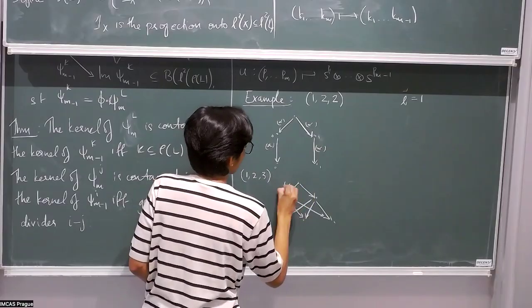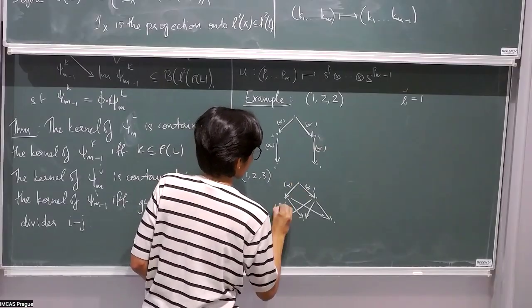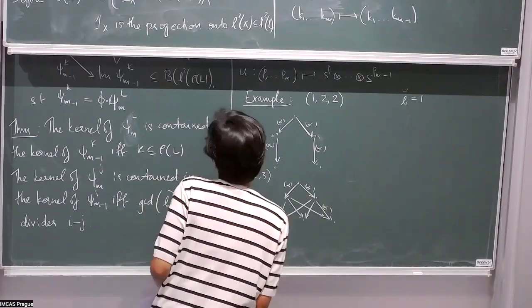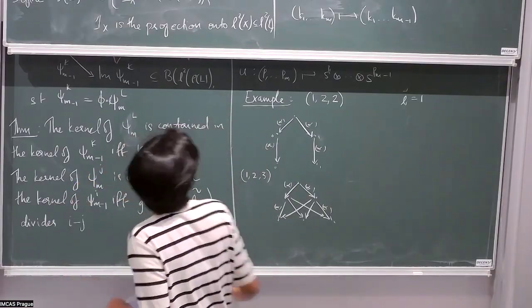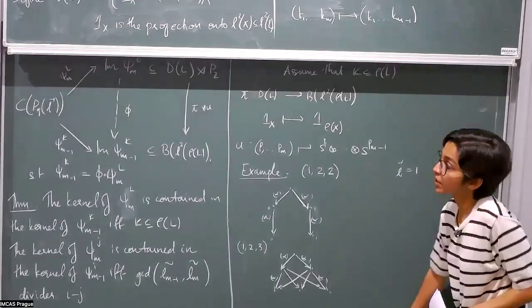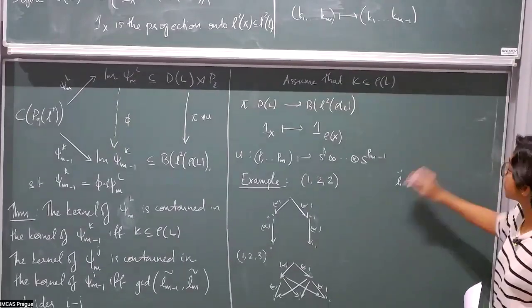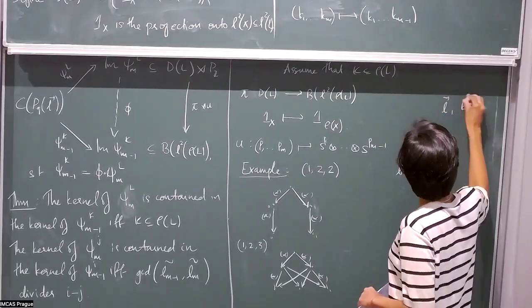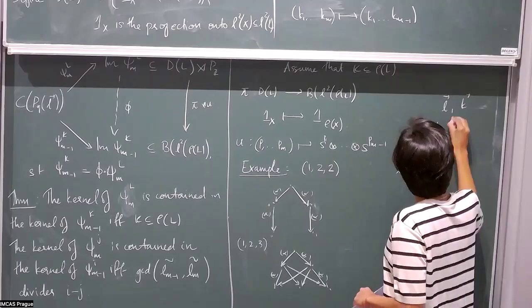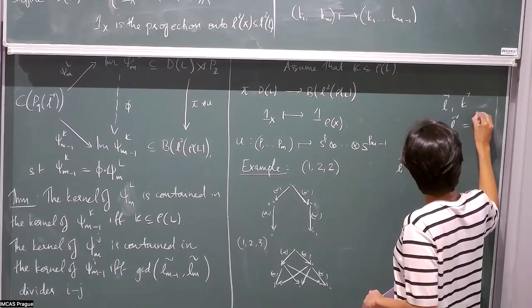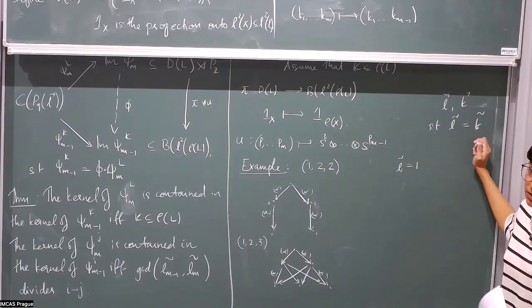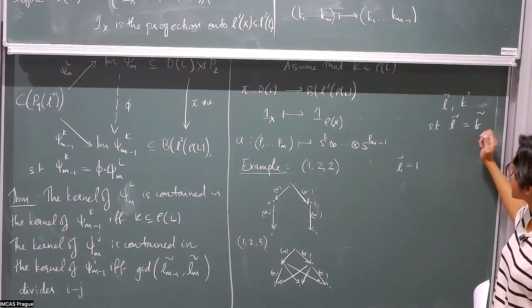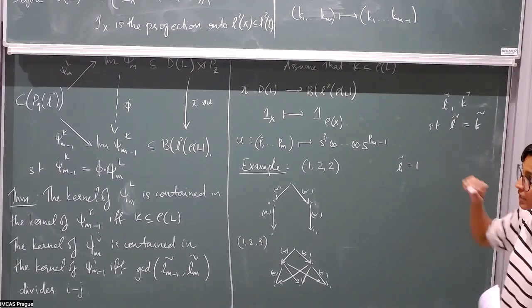And from the graph, one can see that the C-star algebra only depends on this L tilde. It doesn't matter: if I take two weight vectors, L and K, such that L tilde is equal to K tilde, then they're both going to have the same graph, so these C-star algebras are going to be isomorphic.